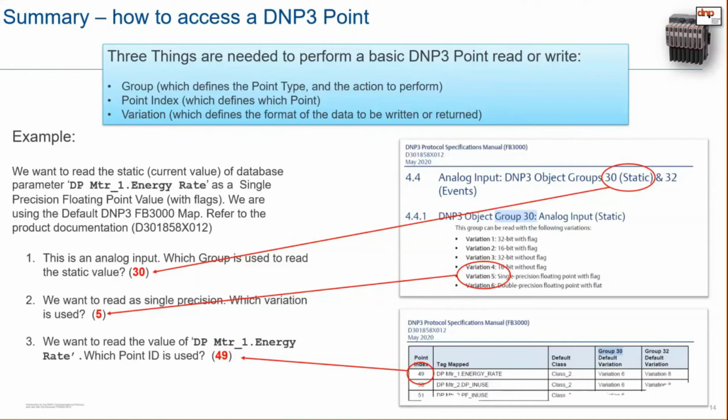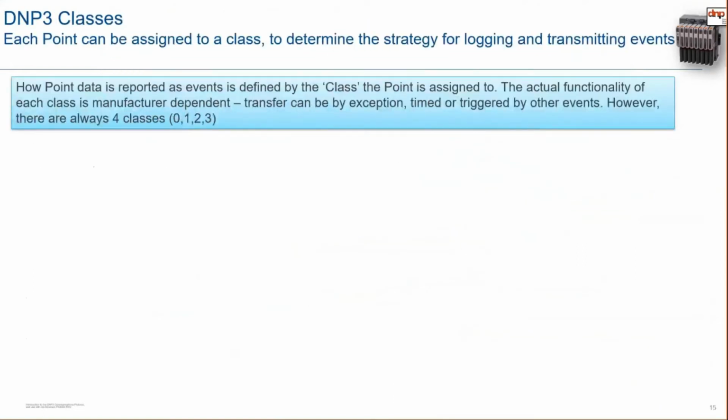However, you will also recall I mentioned something called classes earlier. And this is a more efficient way of reading data. If you think about it, I have to provide 3 integers to get to each point, the way I've just described. You can actually assign each point to a class. And that class determines how data is moved from the real-time values over into the events.